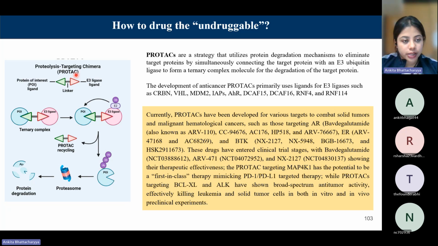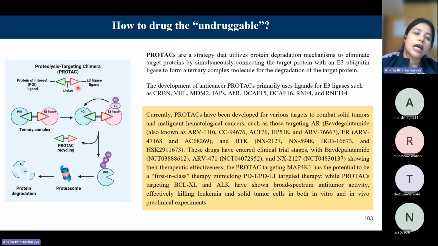There, instead of having this ligand as the bait, people are using the binding sequence as the bait, and that will pull your protein of interest. For example, like we were talking about MYC, if you give the binding sequence of MYC here, then MYC is going to bind on top, and then it is going to get degraded and you will be able to save the cancer cell.